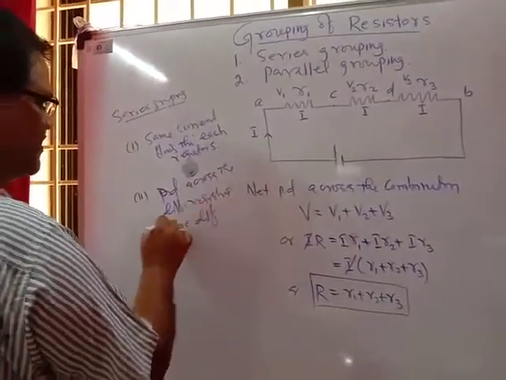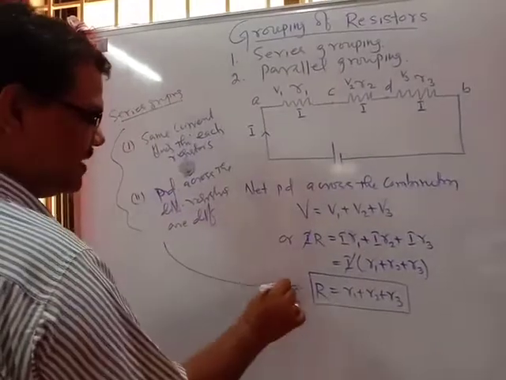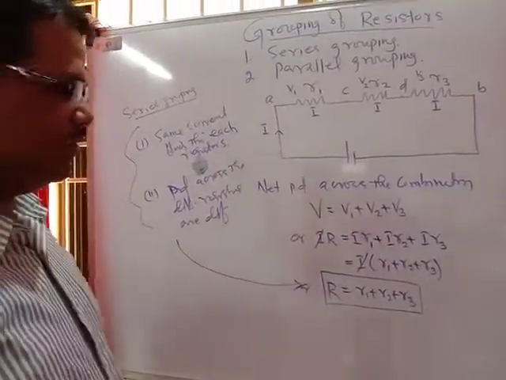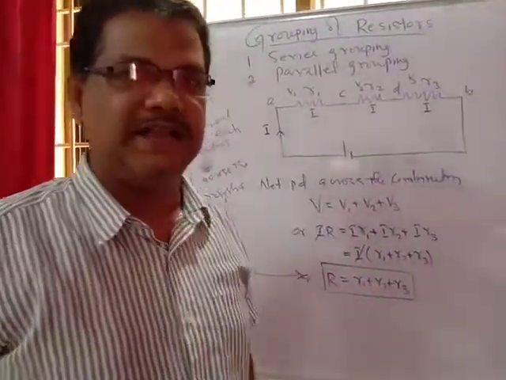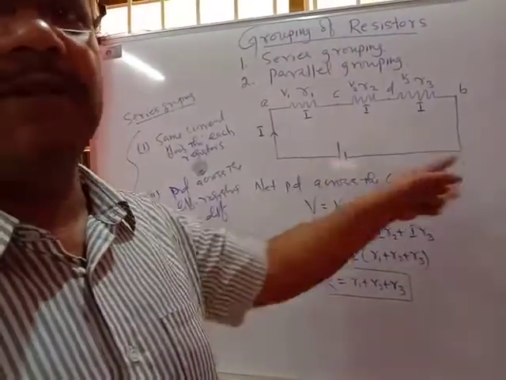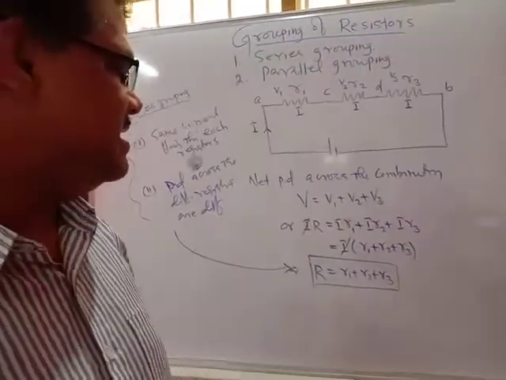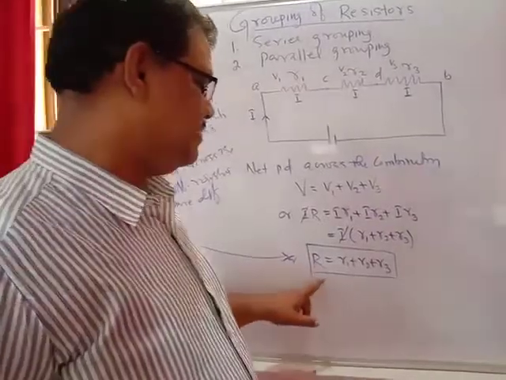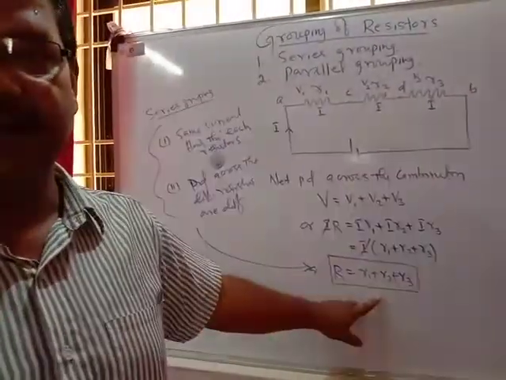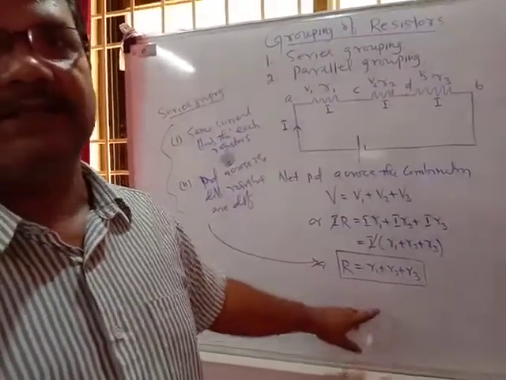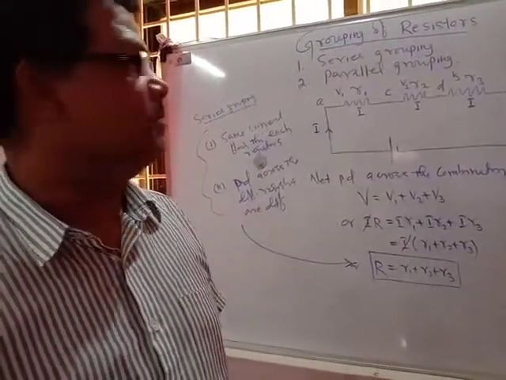In that case, the net resistance of the combination equals R1 plus R2 plus R3. In that manner, if n resistors are connected in series, the total resistance will be R equals R1 plus R2 plus R3 up to Rn. This is all about series grouping.